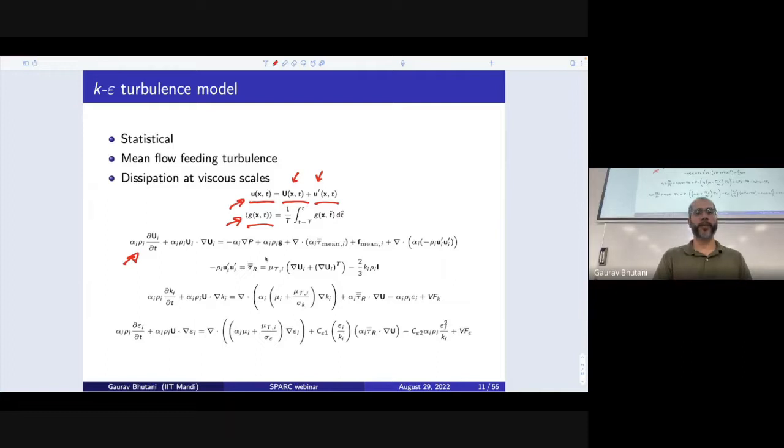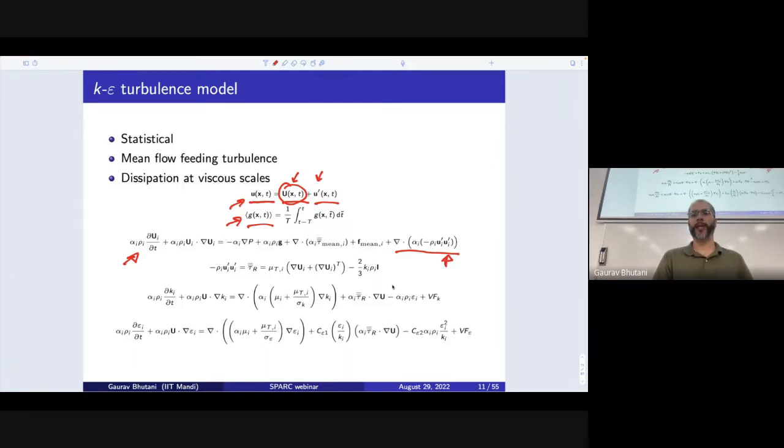So what we see is we get an equation for the average flow velocity, and we are happy as engineers. We are happy with how the average flow velocity changes with space and time in the flow. But in this process, we end up getting a new term, which more or less tells us that the interaction of the fluctuations feeds into the average flow.